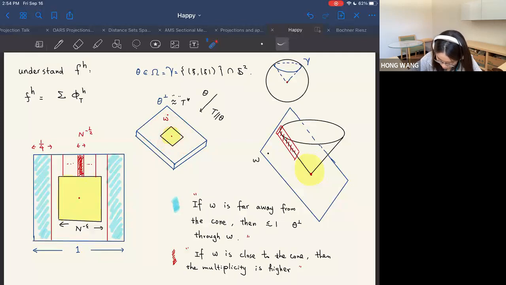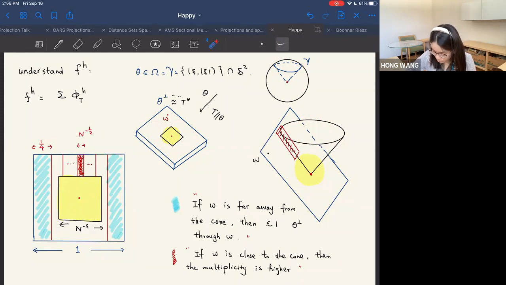So the high frequency part is this part. And when our theta moves along this gamma, we can imagine this slab will rotate in a way that it sticks to the cone.